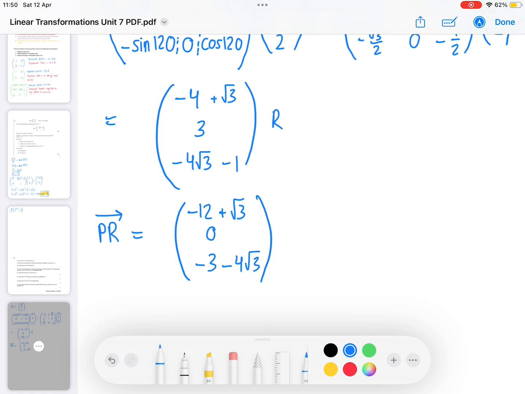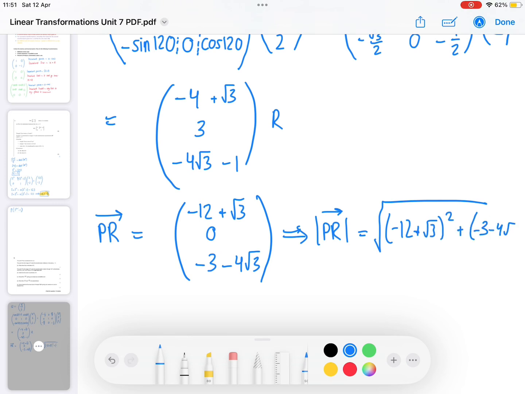So that's the vector P to R, and therefore the size of that vector we can calculate using Pythagoras. So it's the square root of minus 12 plus root 3 squared, add minus 3 minus 4 root 3 squared. And if you compute that, you get 2 root 51 is the size of PR.